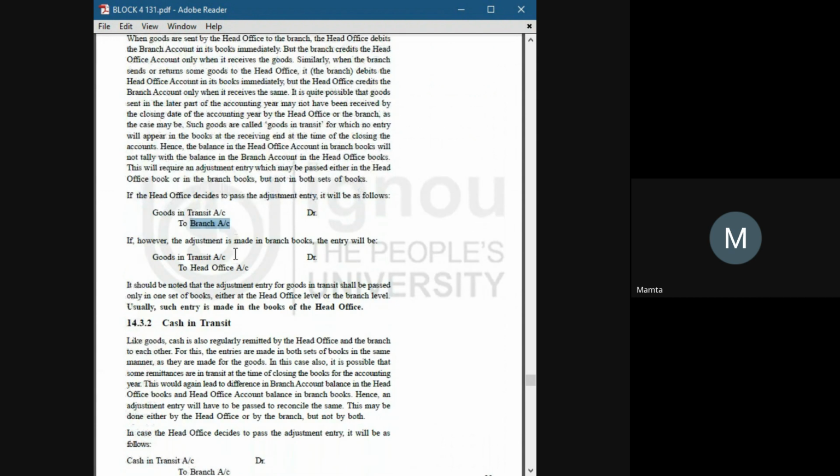And if in some cases it is mentioned that the branch is passing that entry, then in the books of the branch you put the entry: goods in transit account debit to head office.